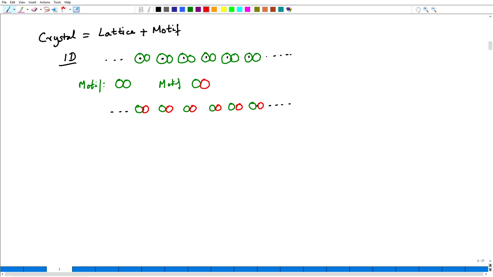Now, the same idea I can extend to two dimensions.